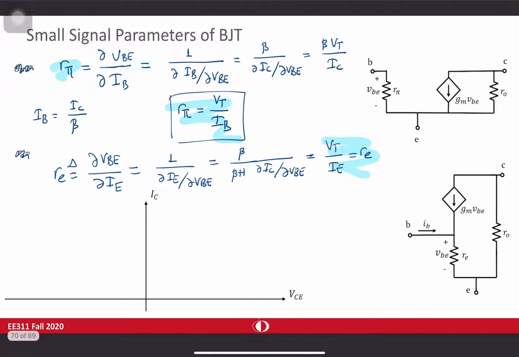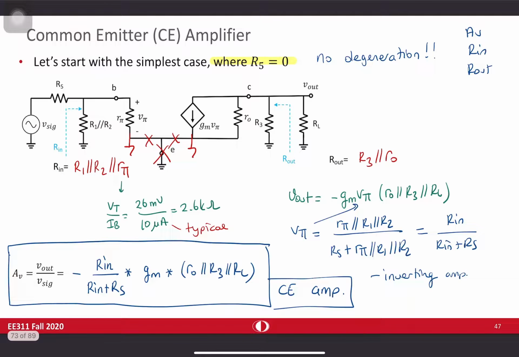The second thing is, even if you choose very high resistance values, still Rin is limited by RPi, and typical values are in the range of kilo ohms. So your Rin is unfortunately not very high. Because of that, you may not achieve very close to 1 values in here unless your RS value is low enough.